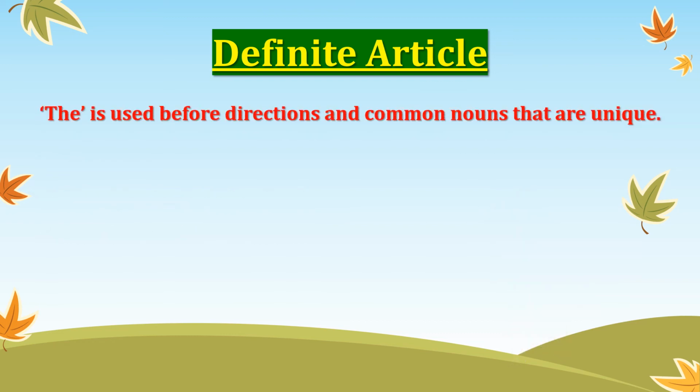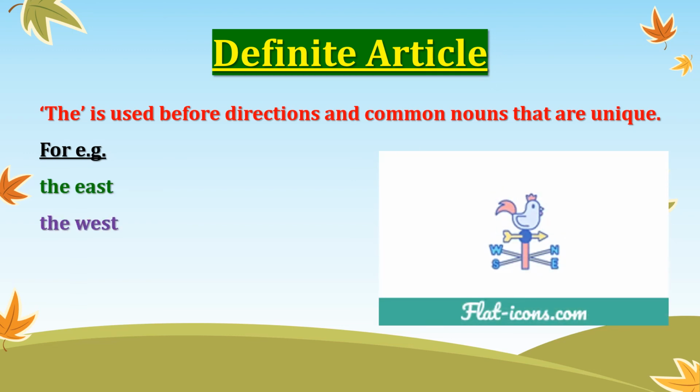The is used before directions and common nouns that are unique. Talking about directions first, the south, the north, the east and the west, they are all directions. That is why we use the before them. And common nouns that are unique.